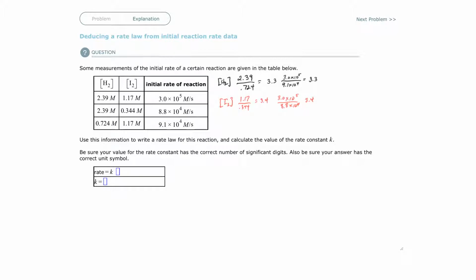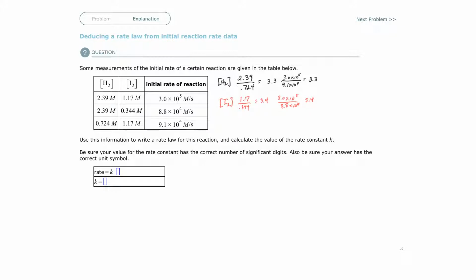Now look what they've done. In the second test, they've left hydrogen alone, changed the concentration of iodine, and then tested the rate and found out how fast it is disappearing. From that, you could figure out, is the rate going down the same as the concentration of iodine?